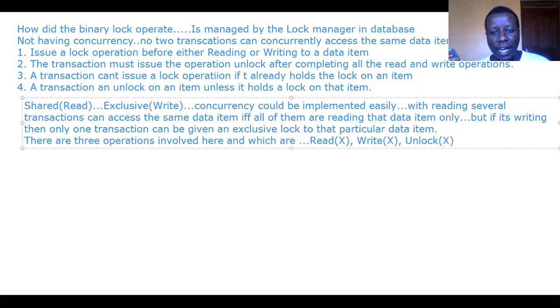You can have read, write, and unlock X. Read lock, actually it's read lock. Sorry, it's read lock. So you have those read lock, write lock, and unlock X. So those are the three. So shared lock means that you only have read lock. Write lock means that you have exclusive lock. When unlock X means that you have unlocked that data item. Okay.